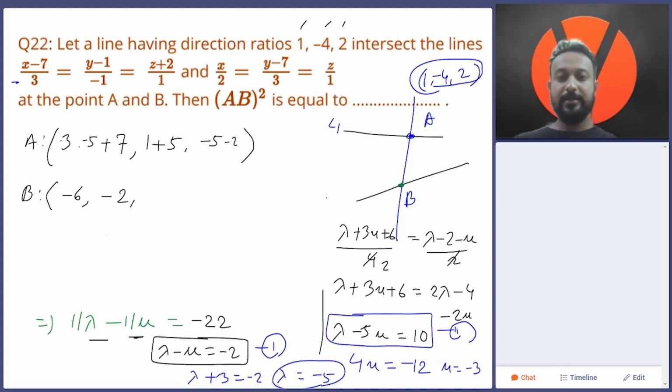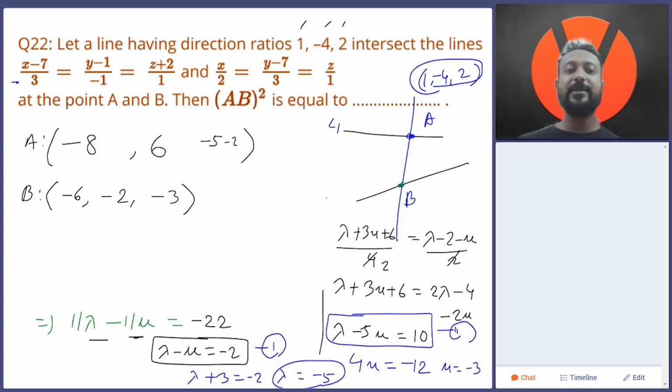And then mu is minus 3, 1 into minus 3 is minus 3. So I think we got A and B. Then you can solve it now. So finally, this is minus 15 plus 7, which is minus 8. Yes or no, guys? Minus 8. 5 plus 1 is how much? 6.